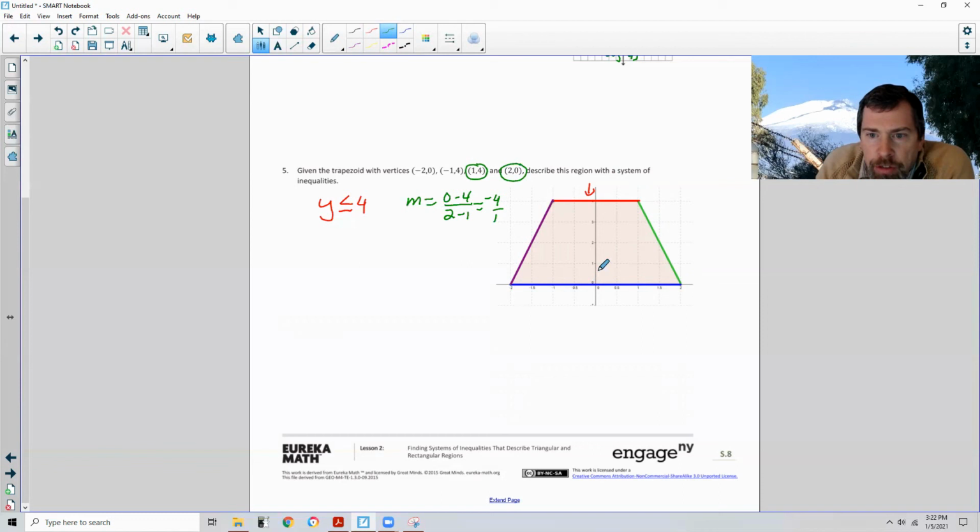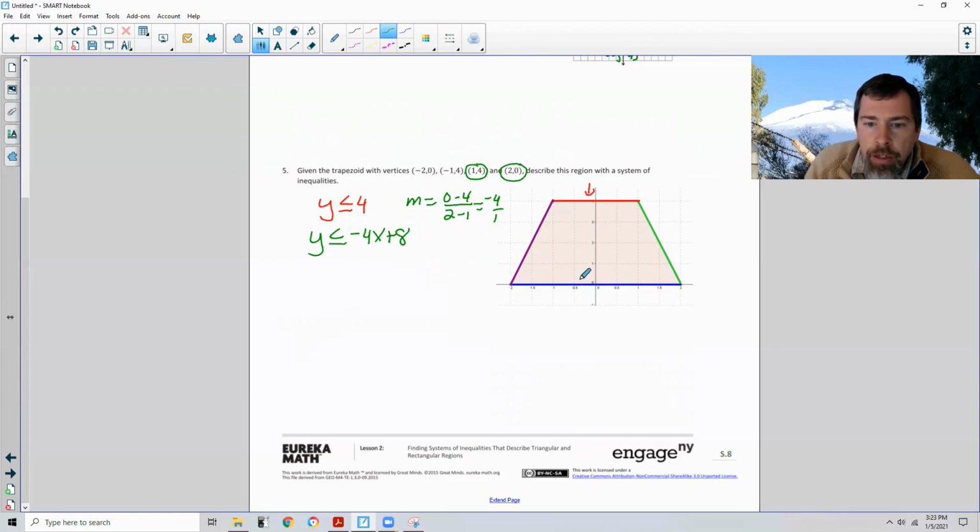So from 1 to 0, we're going to go up 4 more, and that would be a y-intercept of 8. Okay, so this is a restriction on the range again. So it's y, and we're below it. So it's less than or equal to, and it's going to be the equation -4x plus 8.